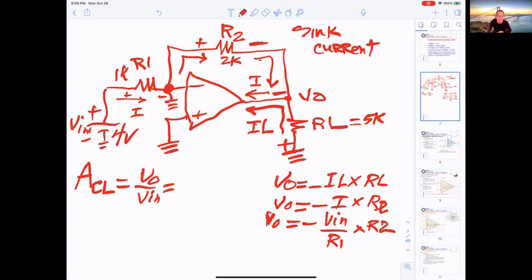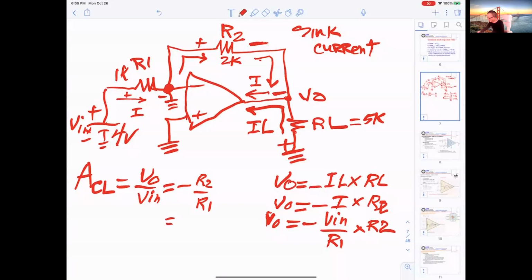They already have open loop gain built in. However, when you make a connection, now it will be closed loop gain. So V out over V in will be equal to minus R2 over R1. Okay?